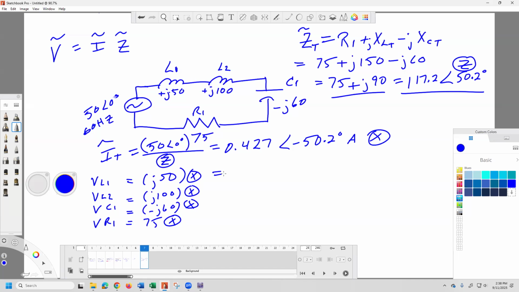So parentheses 50I parentheses times X: 21.34 angle 39.8 degrees volts. 100I times X: 42.68 angle 39.8 degrees volts.